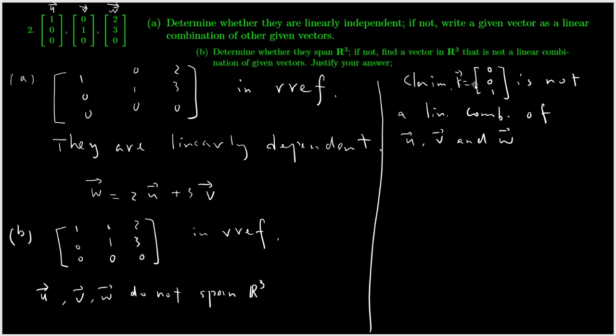It can be proved that if the three vectors do not span R3, then at least one of i, j, and k will work. In this case, you'll see 0 0 1 will work. We want to claim this vector is not a linear combination of U, V, and W.